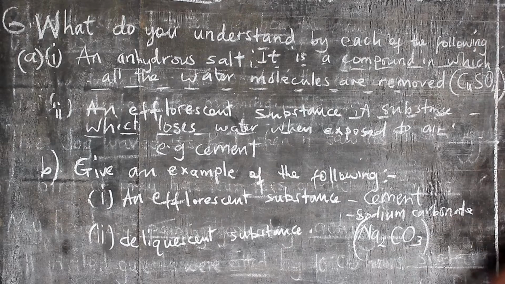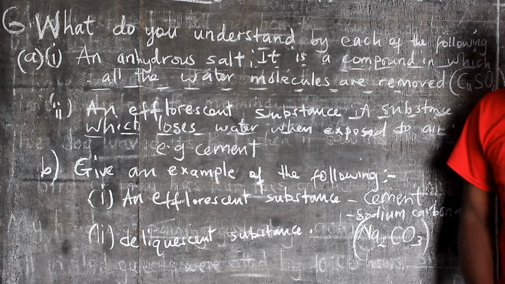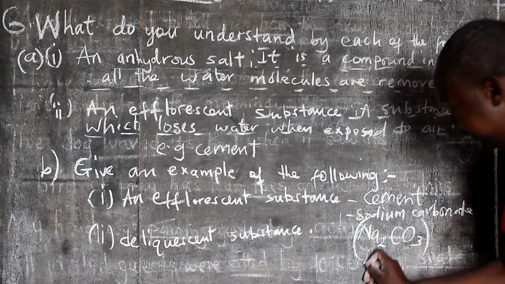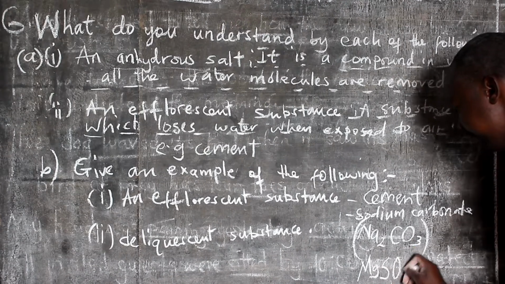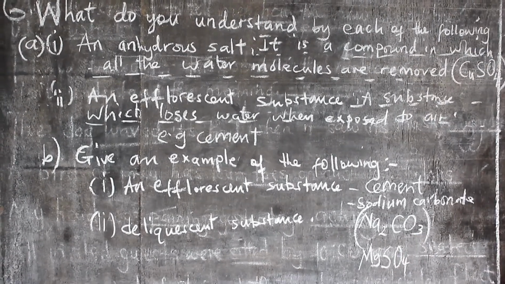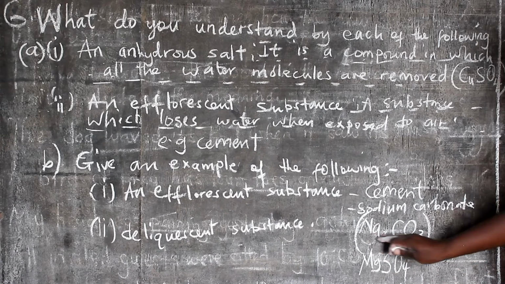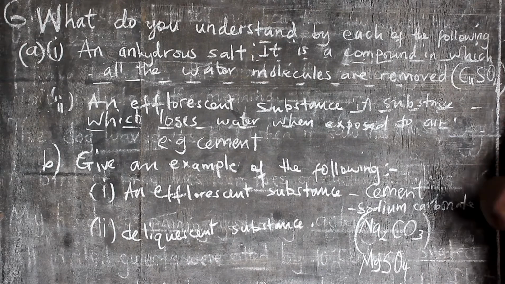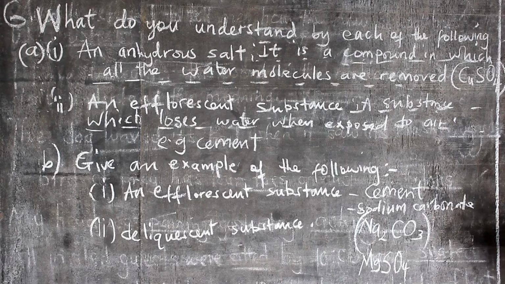The formula you can write for sodium carbonate is Na2CO3. The other example I can give you is magnesium sulfate. I want you to understand that these efflorescent substances contain water in them, and then they lose that water to the surroundings and they dry up.